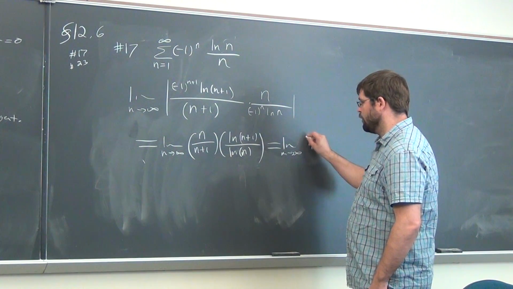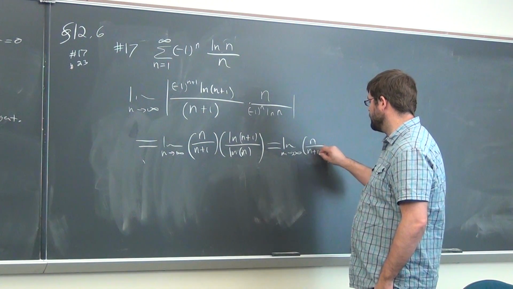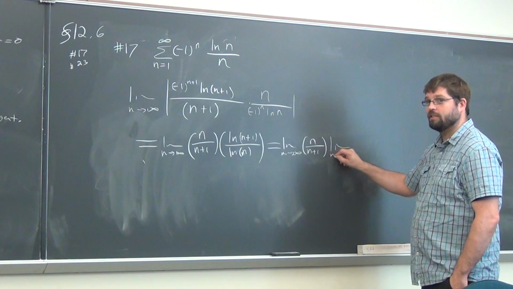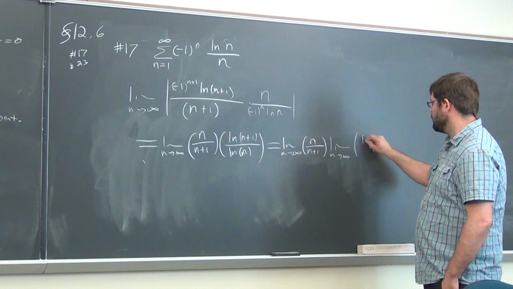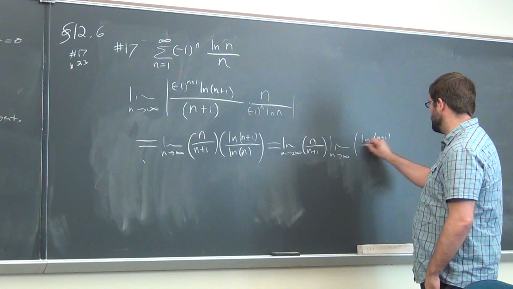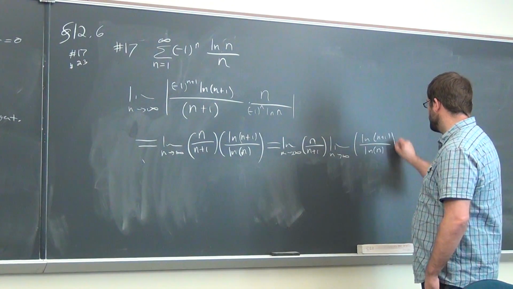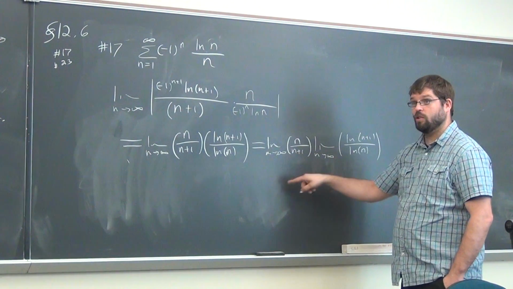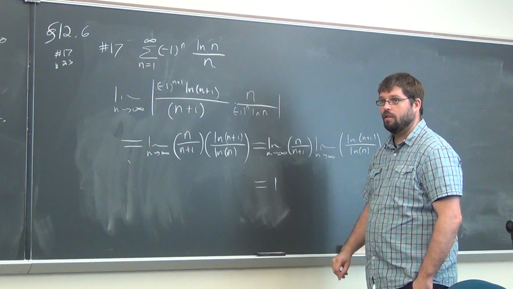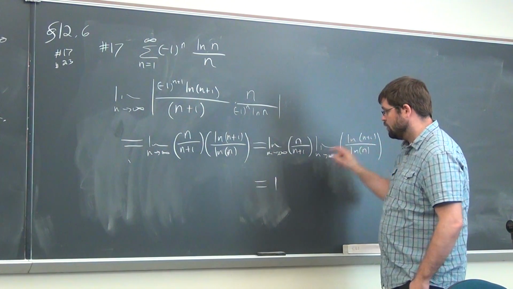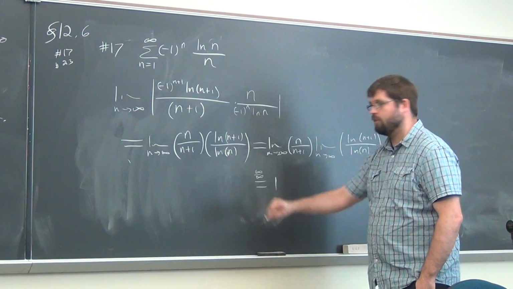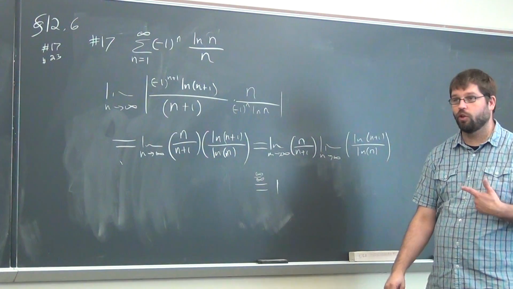Your limit rules tell you you can split up limits as long as they both exist. So you can save time if you feel comfortable with some of this, but worst case scenario, you do this. That limit's 1, right? And then what's this limit? Well, it's infinity over infinity. It's going to be 1 as well, but you should show your work.